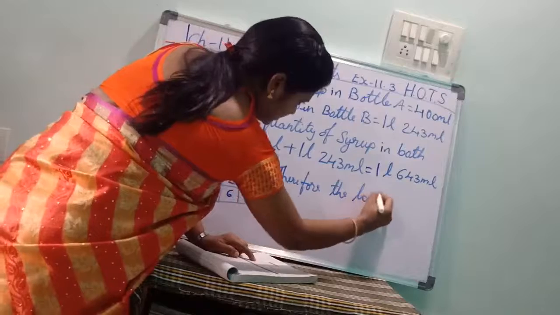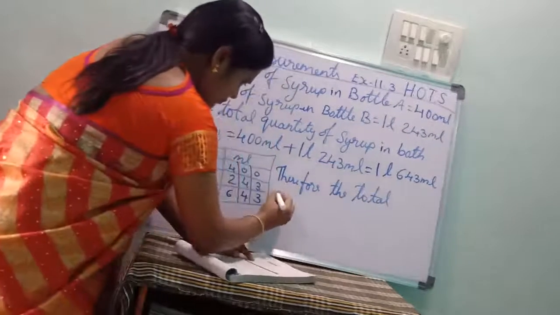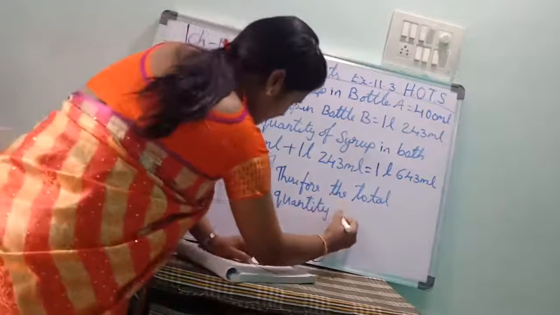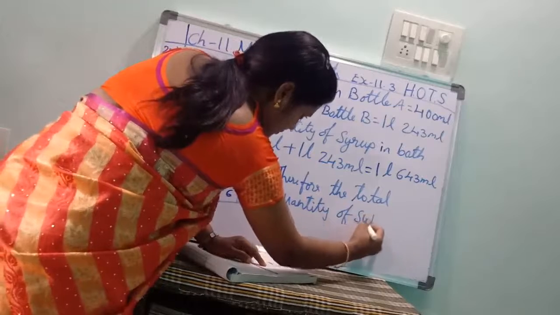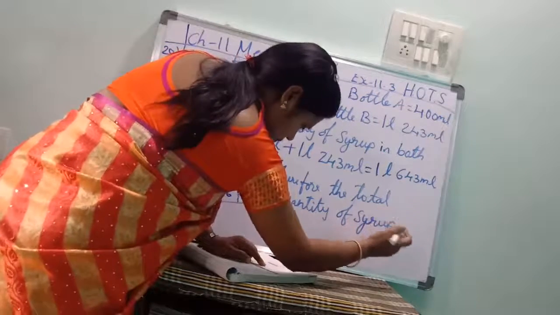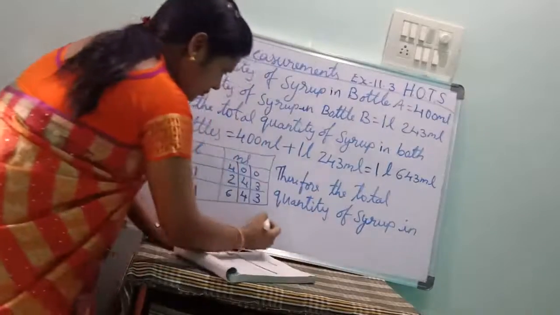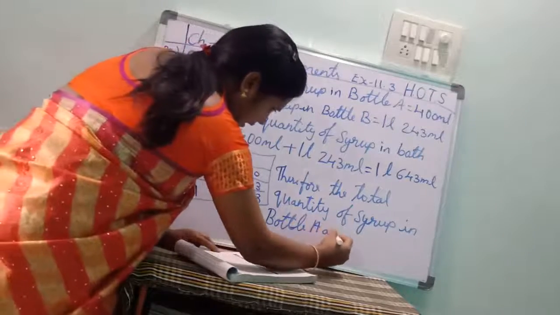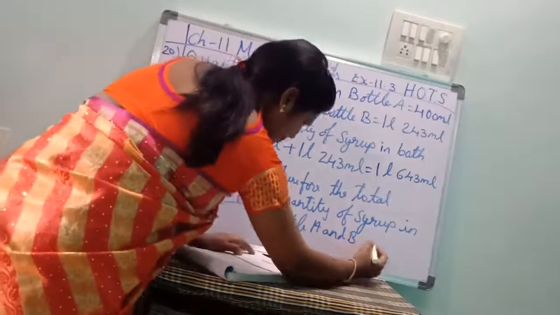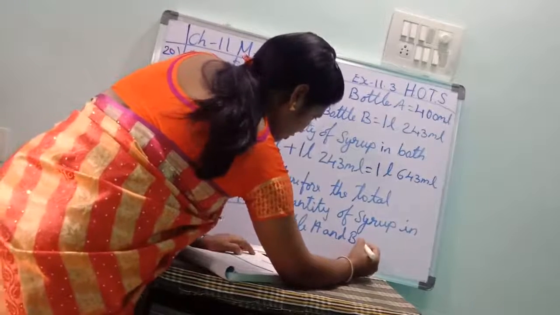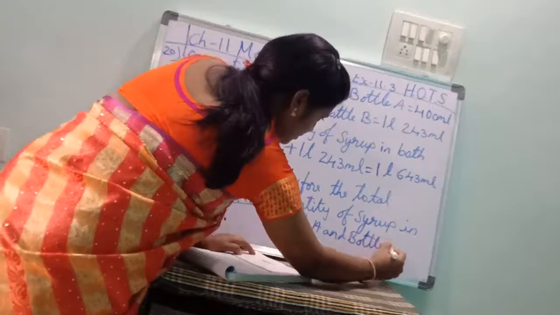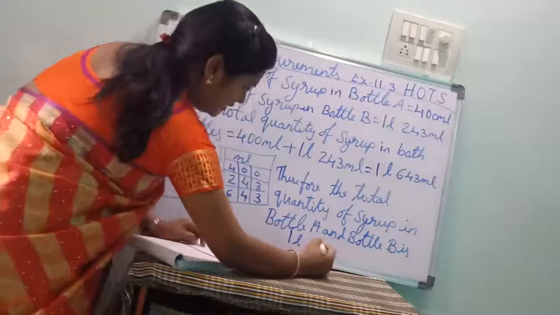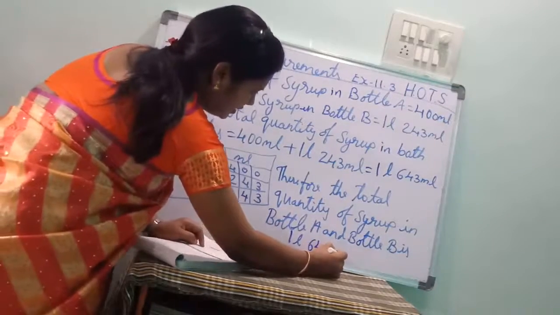Therefore, the total quantity of syrup in bottles A and B is 1 liter 643 ml.